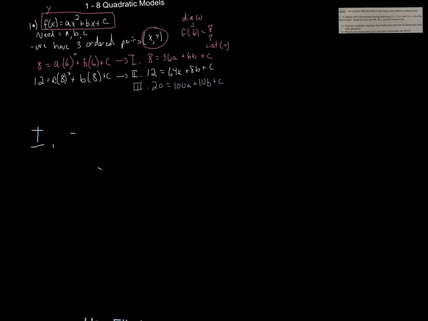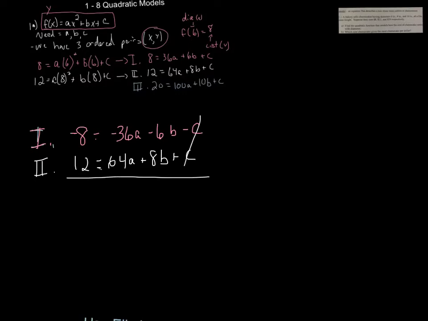It becomes -8. I suppose I should do this in pink to stay consistent. -8 equals -36a minus 6b minus c. Now, let's do equation number 2 and just leave it alone. 12 equals 64a plus 8b plus c.